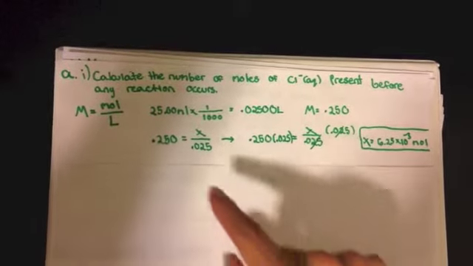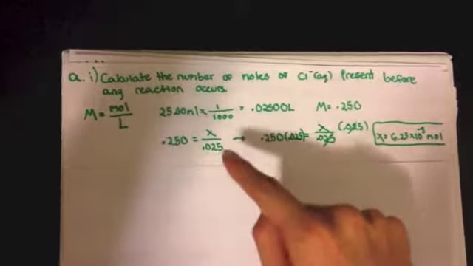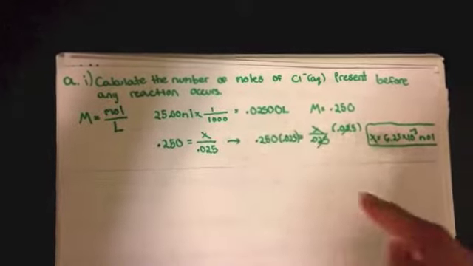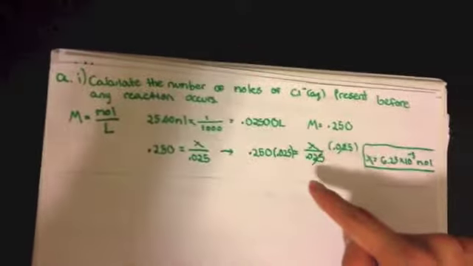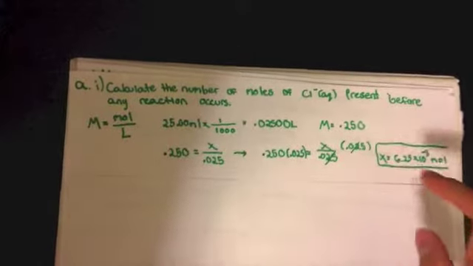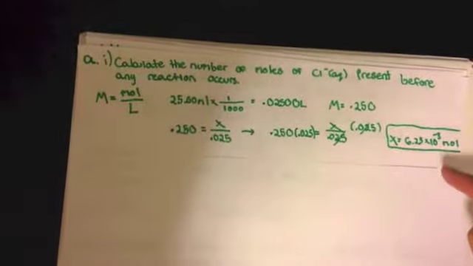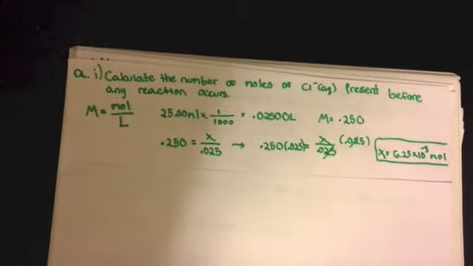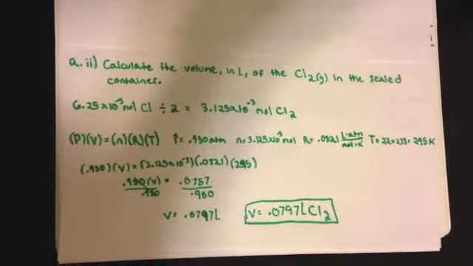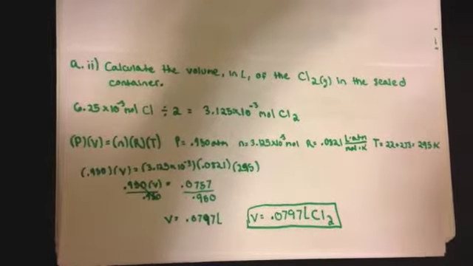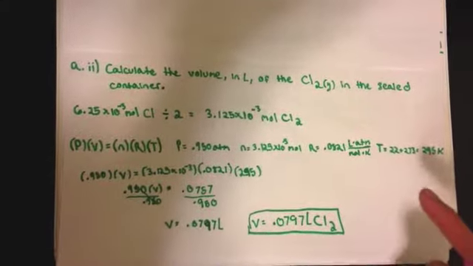So we set the molarity of 0.25 equal to x over 0.025 liters, and then we multiply the 0.25 molarity by 0.025 liters, and we get x equals 6.25 times 10 to the negative third power moles of Cl minus.